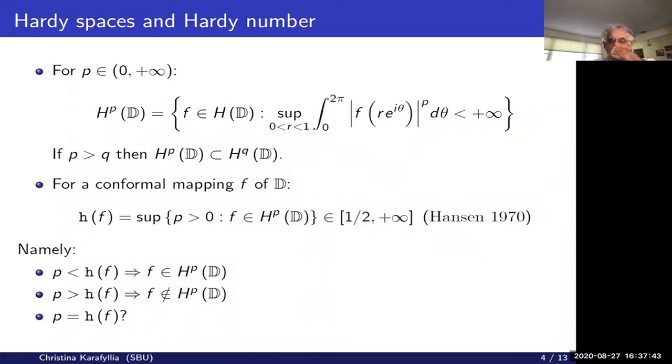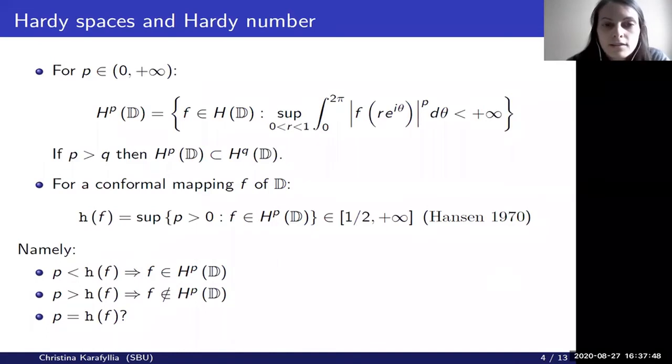And the last definition we need for today is the definition of Hardy spaces and the Hardy number. Hardy spaces are spaces of holomorphic functions and are the most known from these spaces. For a positive number p, the Hardy space with exponent p is denoted by H^p and is the set of all holomorphic functions f on the unit disk that satisfy this property.